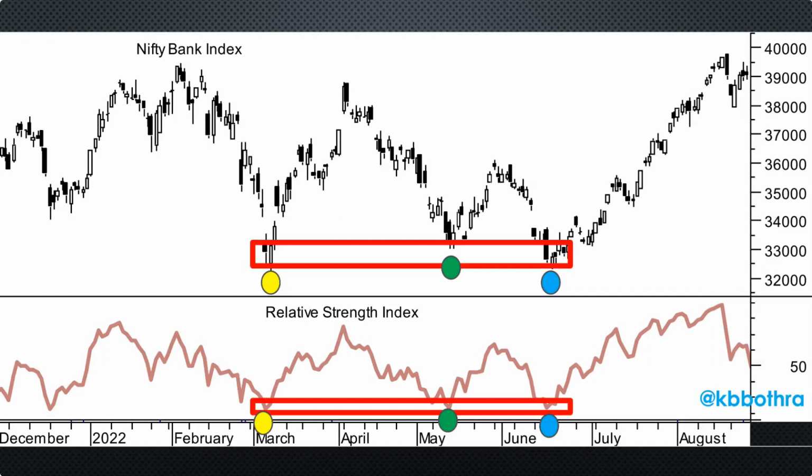As you can see, the yellow circles, the green circles, as well as the blue circles indicate three successive lows in prices and three higher bottoms on the indicator, the RSI. After that third divergence is spotted is where we expect the markets to get into a bottom formation process.